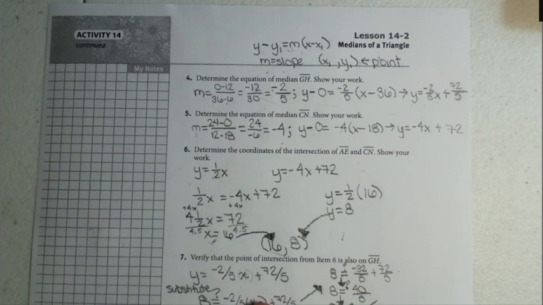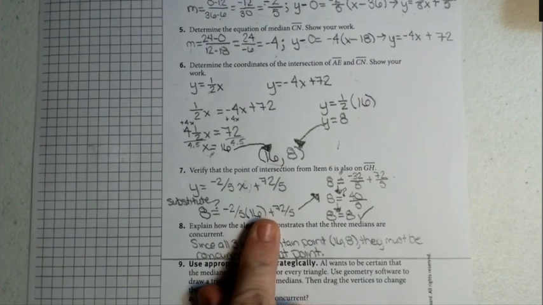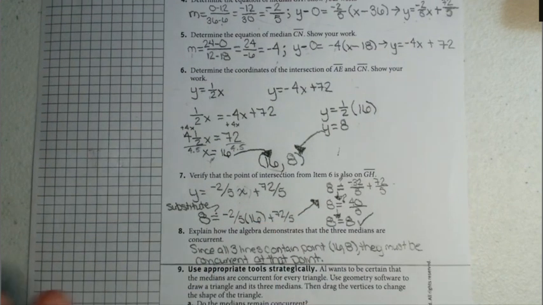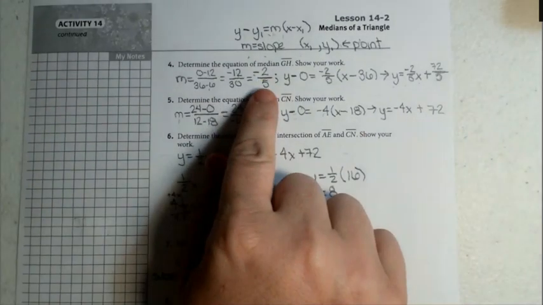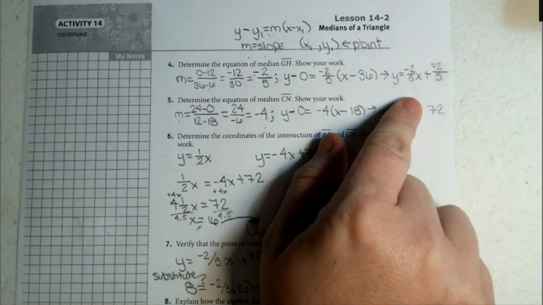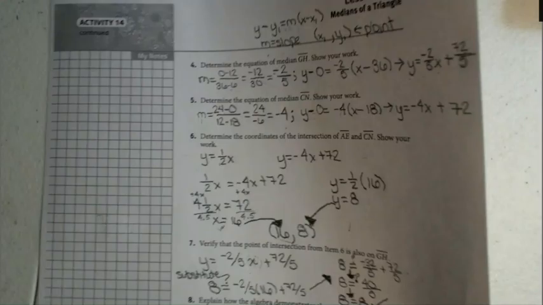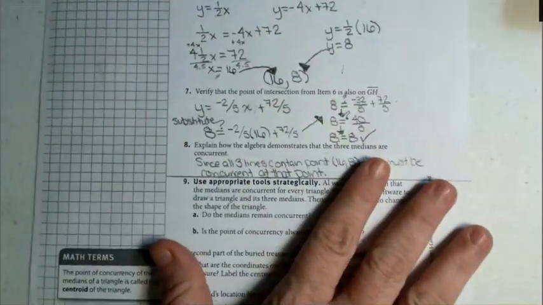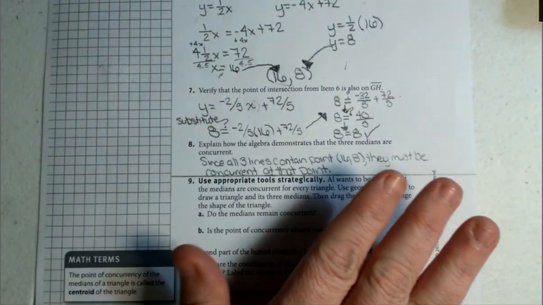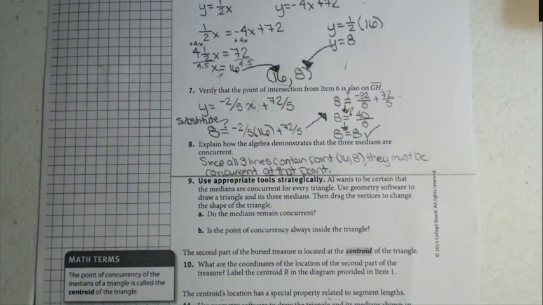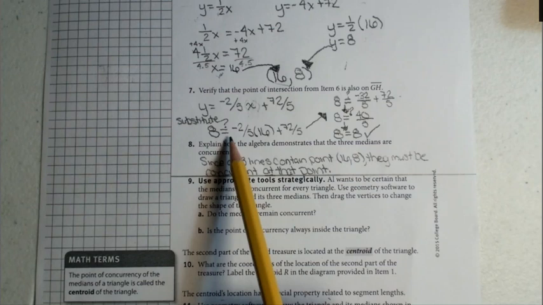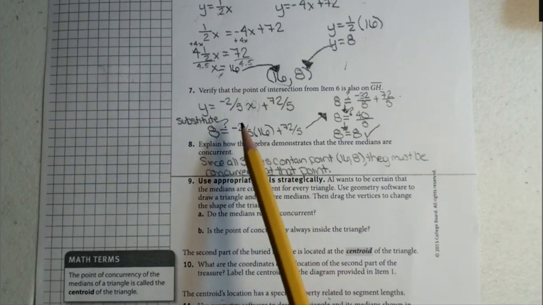It said verify that the point of intersection from item 6 is also on GH. Well, GH was y equals -2/5 x plus 72/5. So I know that 16 is an x value and 8 is a y value. So I substituted that in, and I tried to see if this equation held true.